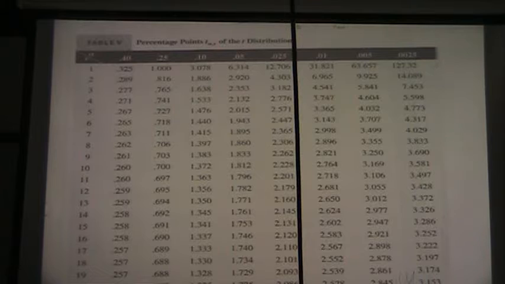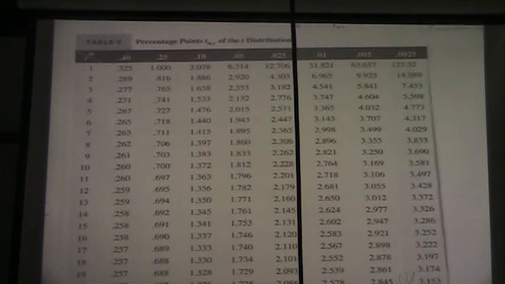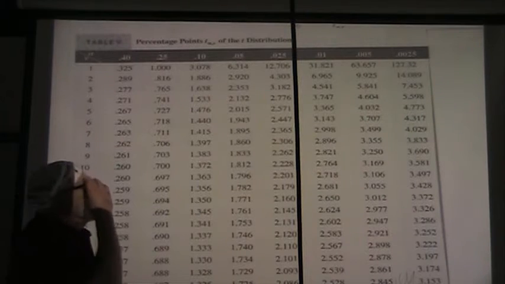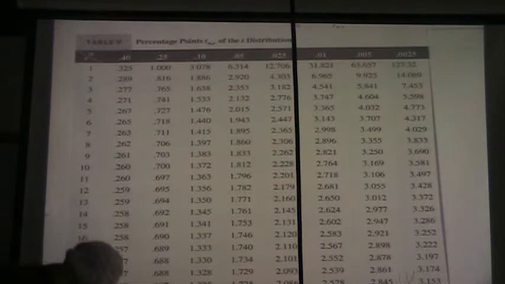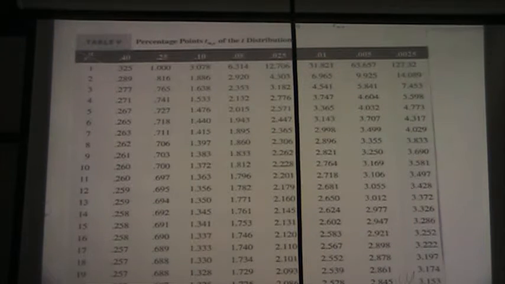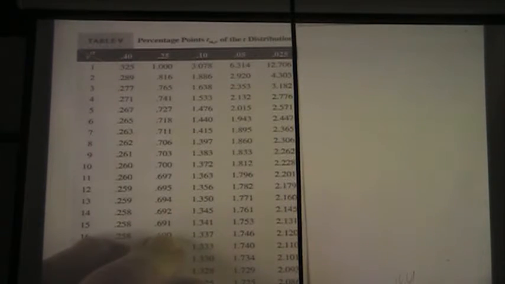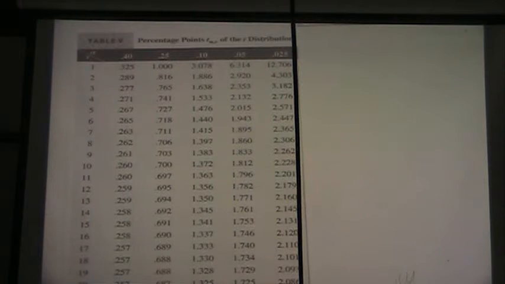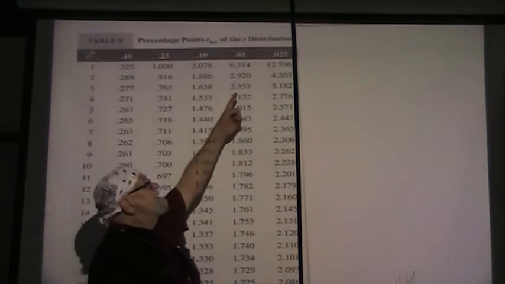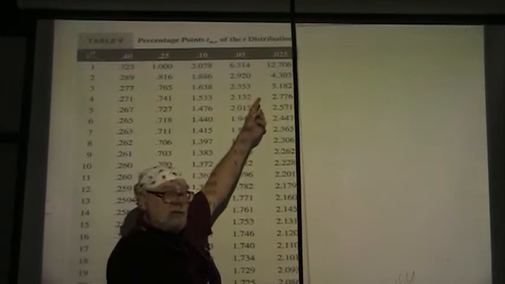All right, so once again, I choose my wrong column. See, that's one thing about all these tables, you can screw up. All right, so here's my 0.025 column.